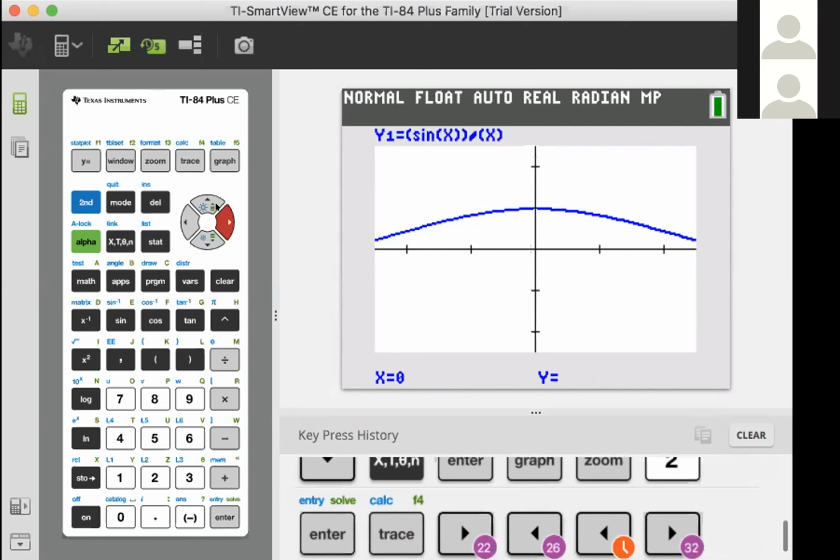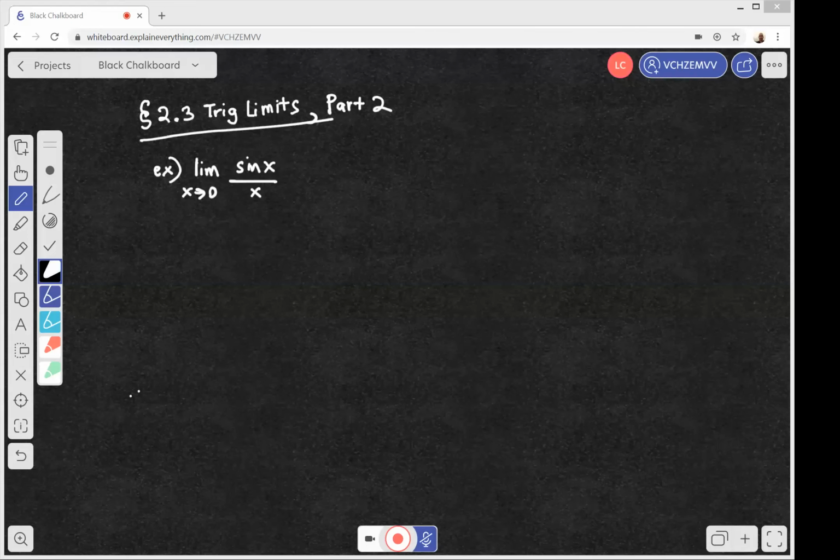So I'm going to share my screen again and go back to the blackboard. The reason there is no value when x is exactly 0 has to do with this guy right here. When x is 0, you have an undefined situation.